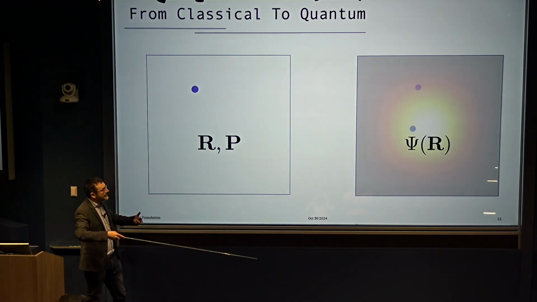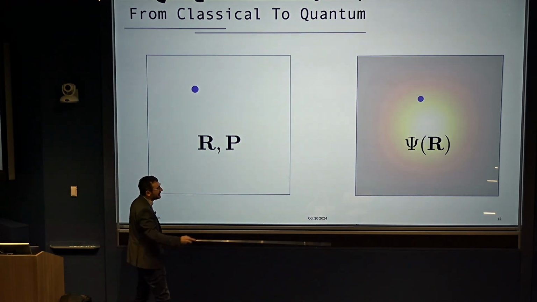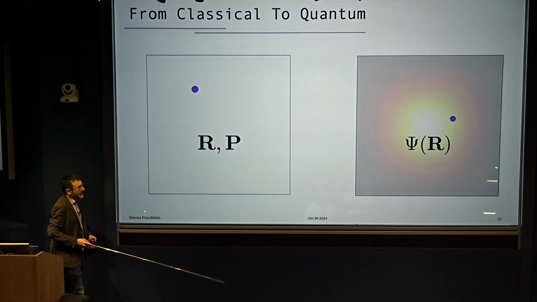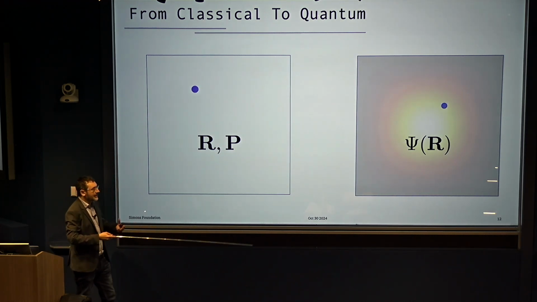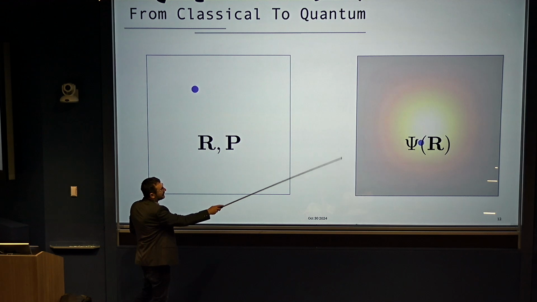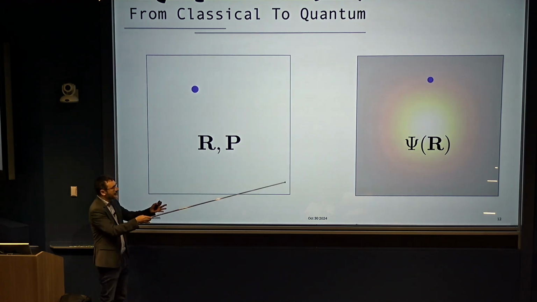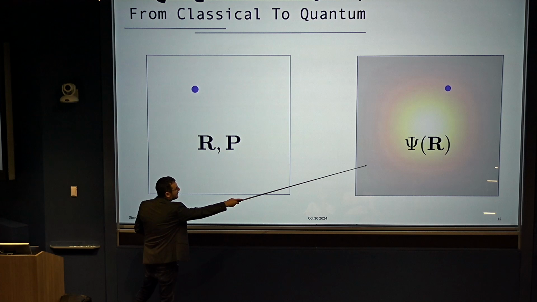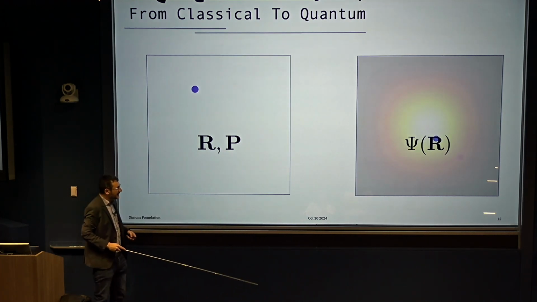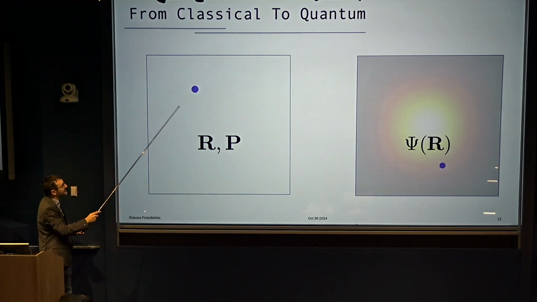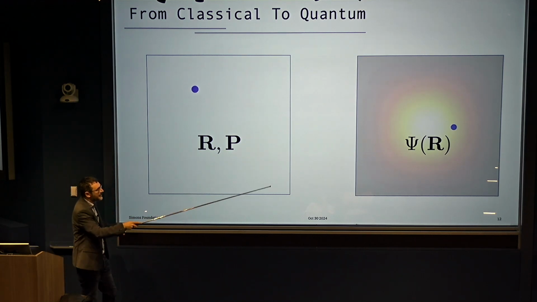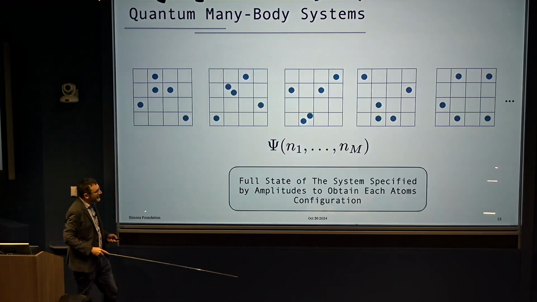So the wave function is a function, as the name suggests, that describes essentially the probability amplitudes of finding a given electron or a given quantum particle in a certain region of space. So for example, the square of this function will tell you the probability of finding the electron here, there, or in another position in space. So mathematically, we go from a simple description where we only have two variables to a description where we need a function to describe our system.